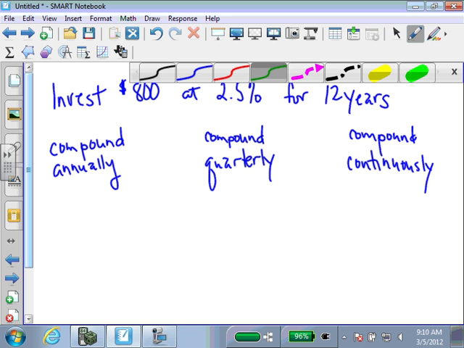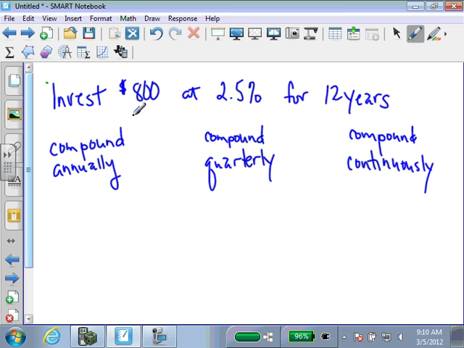We have $800, and we can get an interest rate of 2.5% for 12 years. The question is, how much money will we have if we compound annually, if we compound quarterly, and if we compound continuously?